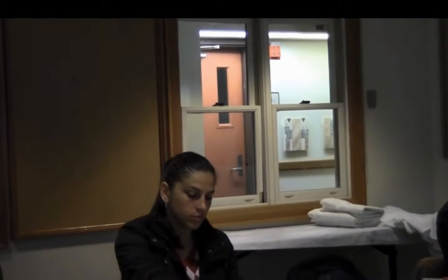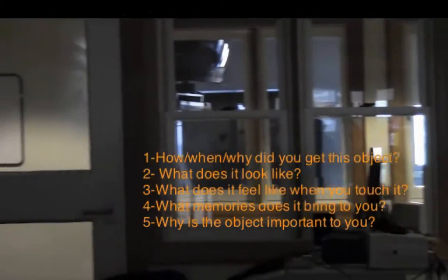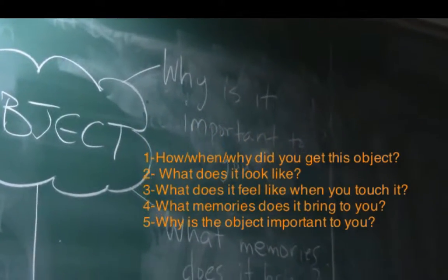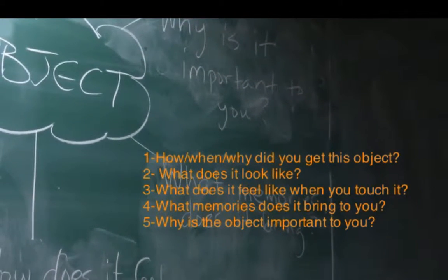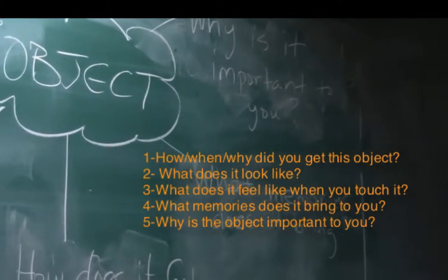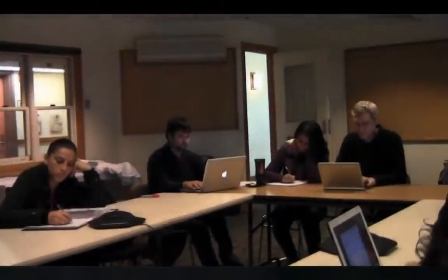And now I'd like you to think about this object with these questions and write a few notes to yourself. Take a couple of minutes. Don't worry about your grammar. Don't worry about your spelling. You don't need periods. You don't need capital letters. Just make some notes.